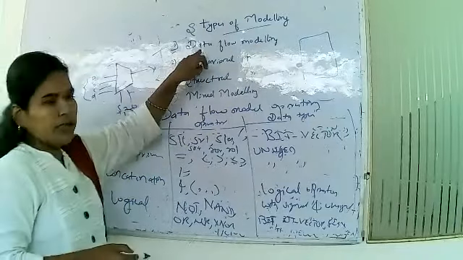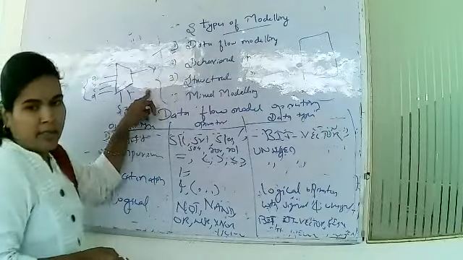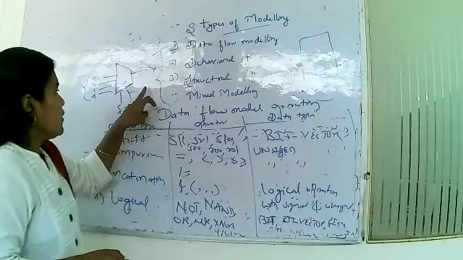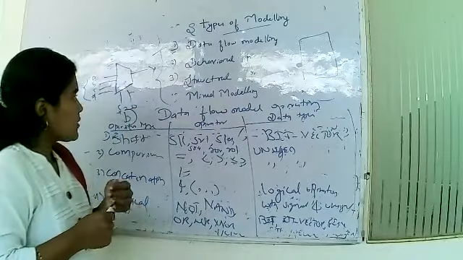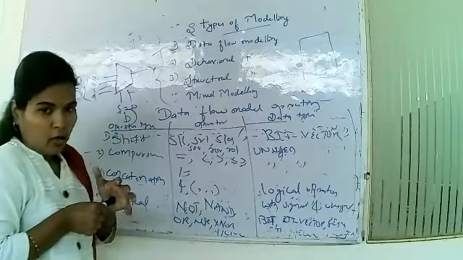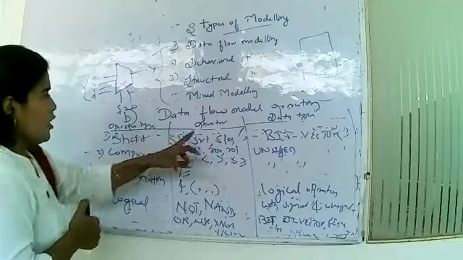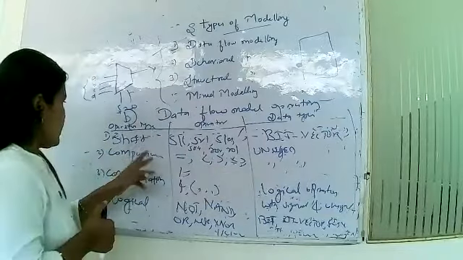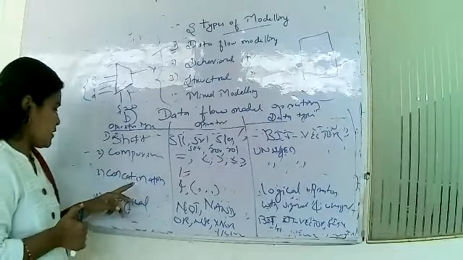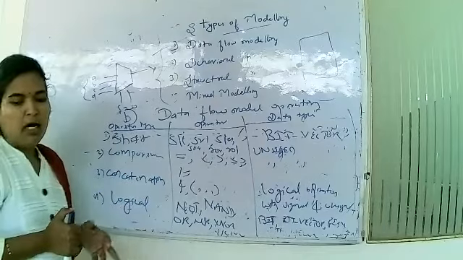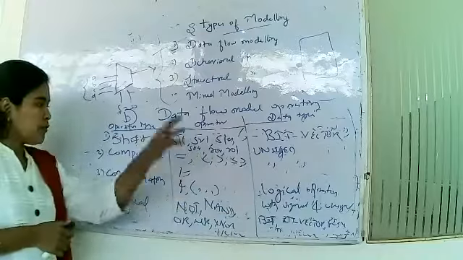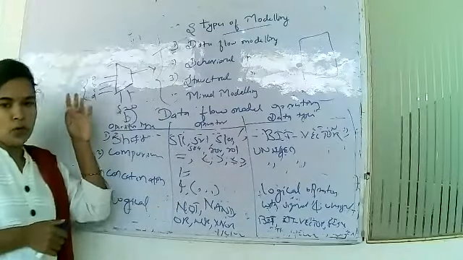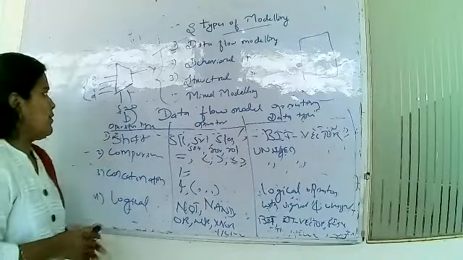Because here it is a multiplexer design. If you are using the data flow model, you have different operators and data types: shift, comparison, concatenation, logical, arithmetic. You need to remember all these if you want to write the program in VLSI.